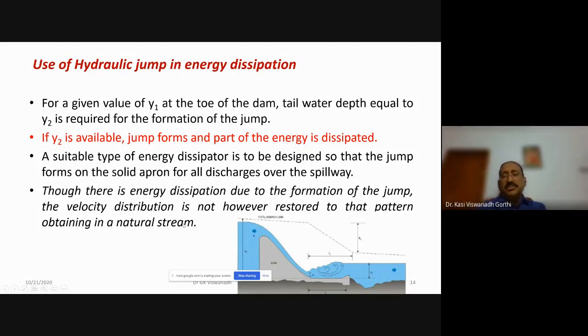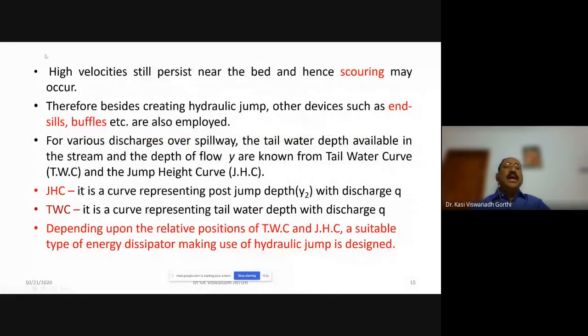That means the velocity distribution is not restored to that of the tailwater or a natural stream. High velocities still persist near the bed, and hence scouring may occur, even if you extend the length at the foot of the spillway by creating a mass concrete solid apron. There is still a possibility of scouring.